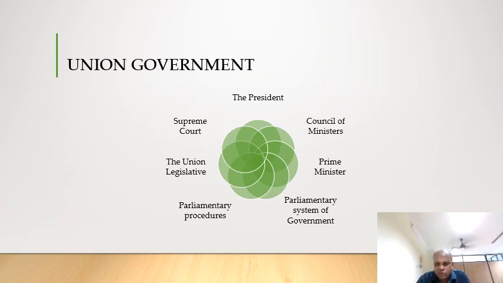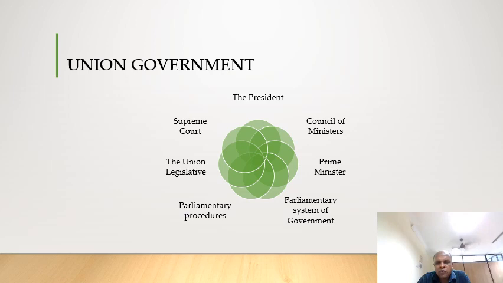Parliament has some procedures: first reading, second reading, third reading, and voting. When a bill is introduced by a ministry, it passes various stages. At last, on getting the majority, the bill is passed by the Lok Sabha or Rajya Sabha. We have such parliamentary procedures.